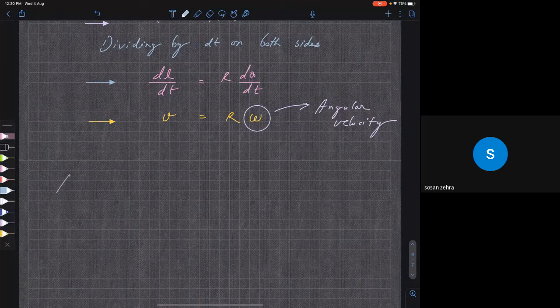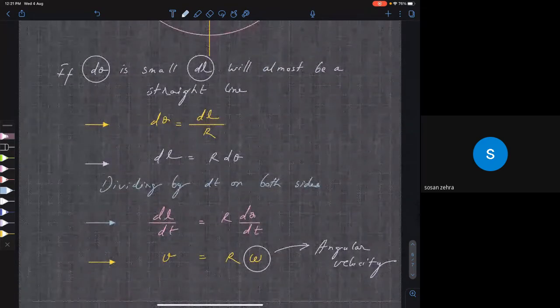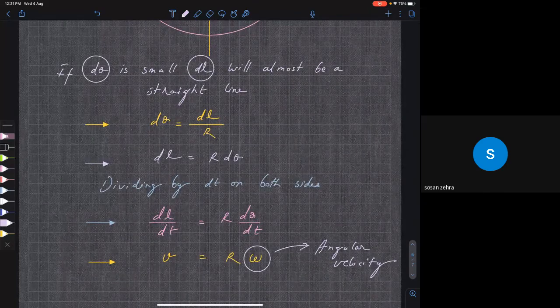By definition, it is the rate of change of angular displacement. What is theta? What is d theta? This is angular displacement. Okay.